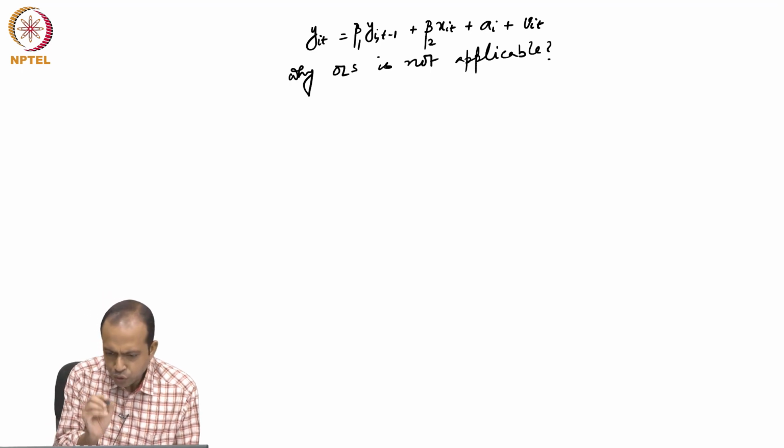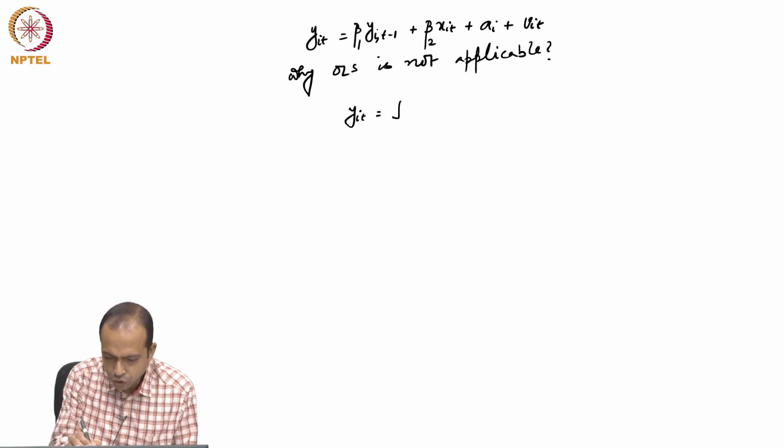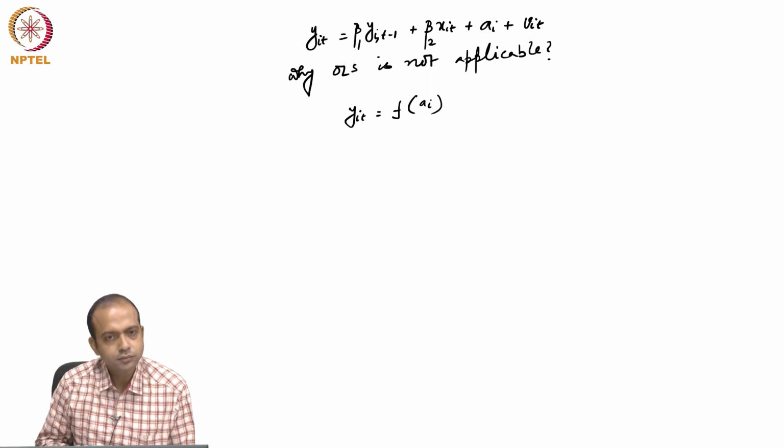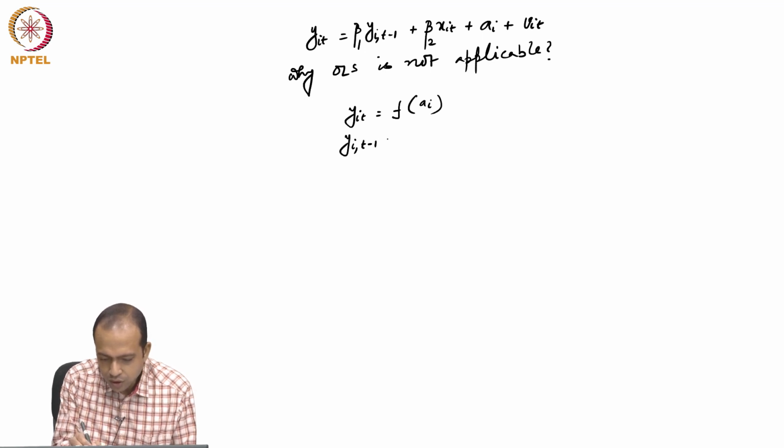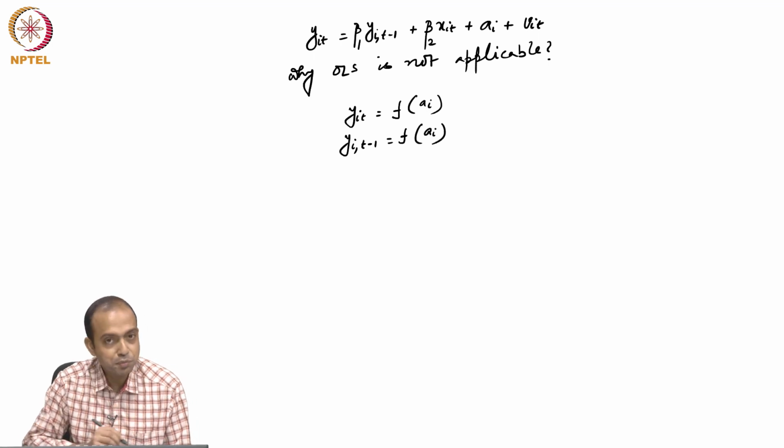Okay. So, you can easily understand here yit is basically a function of ai. There is no t subscript here. So, that means I can say that even yi t minus 1 is also a function of ai. Simple logic.